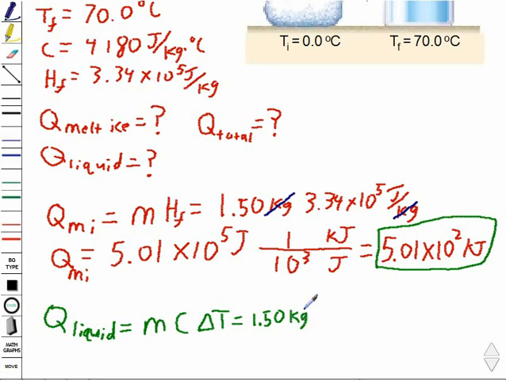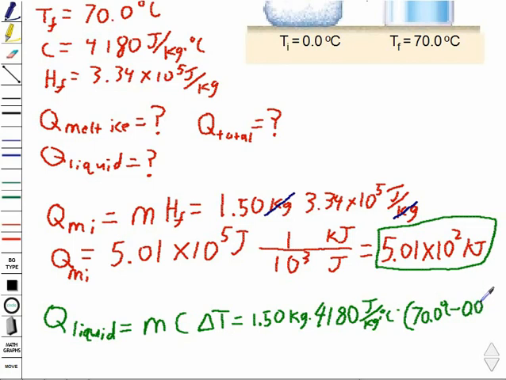And then I multiply it by the specific heat. If you look up, we see my specific heat was 4,180 joules divided by a kilogram times a degree Celsius, and then I'm going to multiply that times my change in temperature, which is my final temperature, 70.0 degrees Celsius, minus my starting temperature.